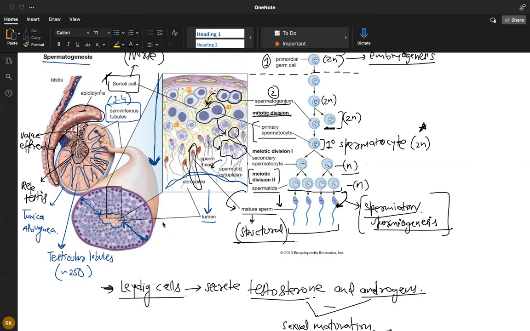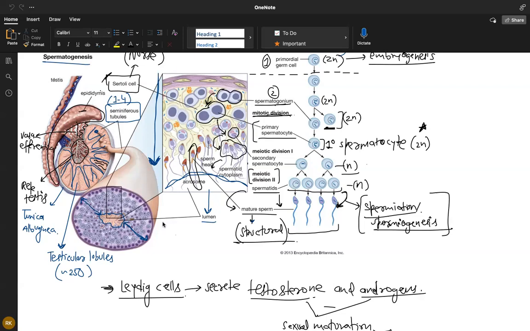It leads to the formation of secondary spermatocytes, which are haploid, and this is the first phase in which haploid cells are formed. Then after meiosis 2, this leads to the formation of spermatids. These spermatids are haploid and round in shape, so they have to be converted into the streamlined proper shape of a sperm.